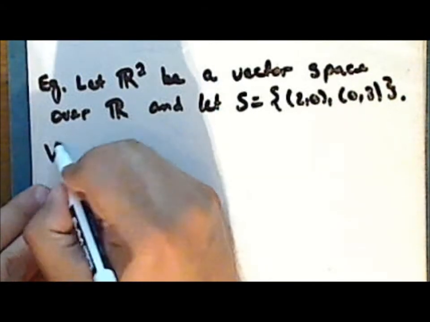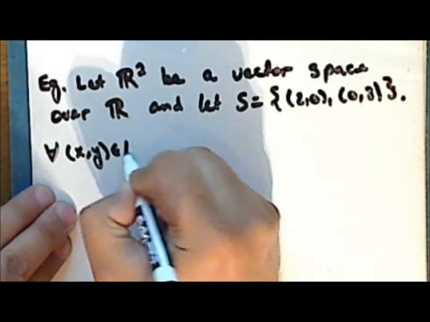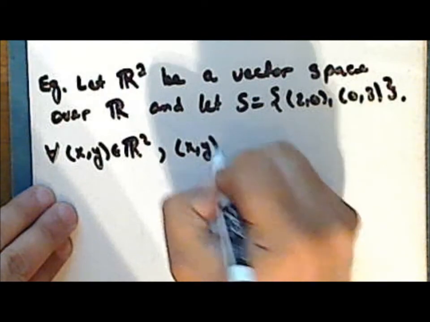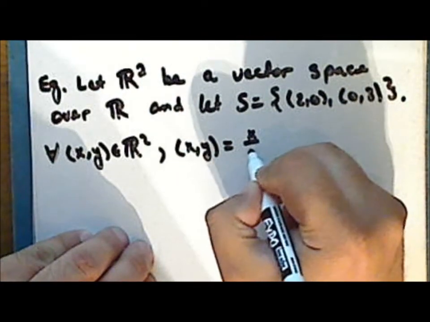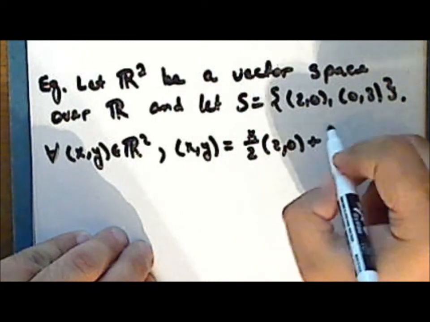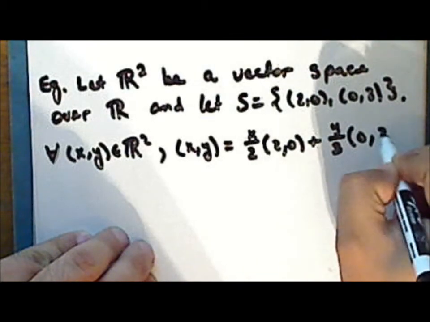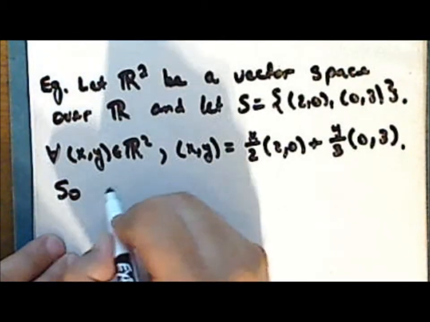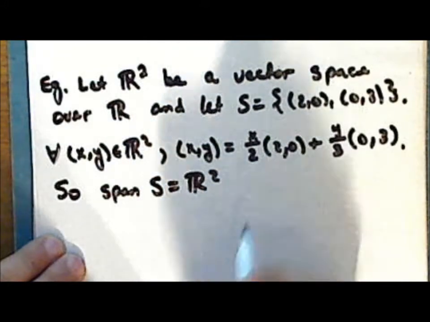Then, for every ordered pair (x, y) in the plane, this ordered pair is a linear combination of the vectors in the set S. So the span of the set S is the vector space R squared.